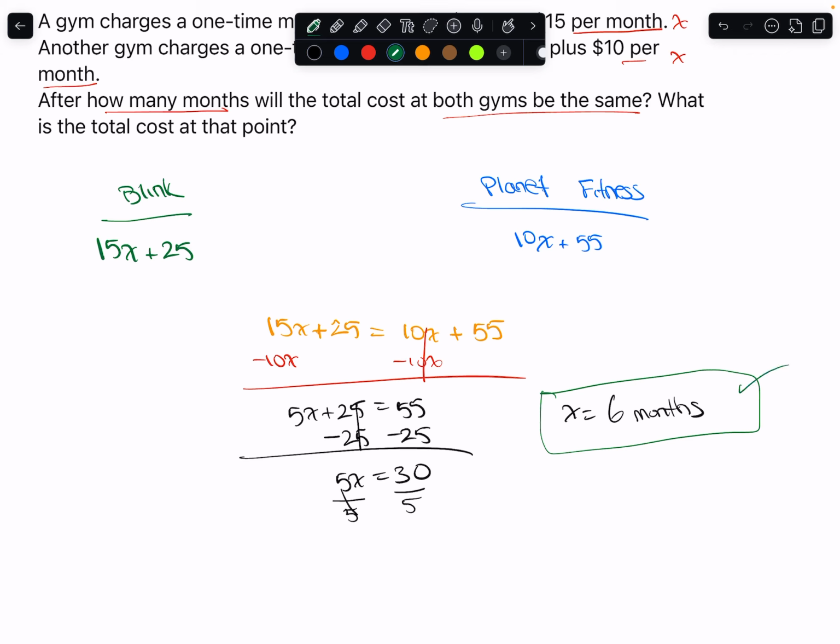The next part is asking what is the total cost at that point? This means that we must take our answer, the 6 that we received, and plug it into either this equation or this equation. It does not matter which one you plug it into. Why? Because it said in the first part that the total cost for both gyms will be the same.